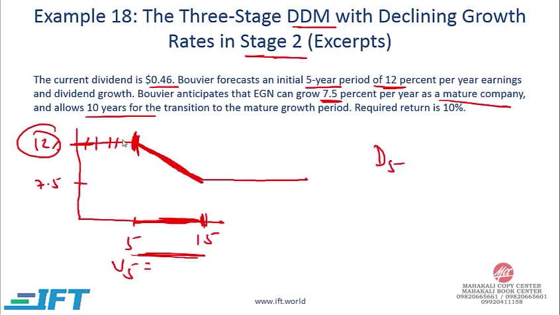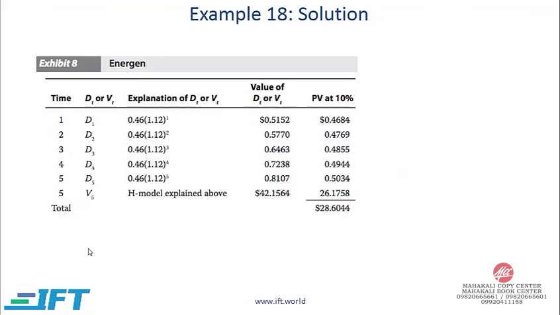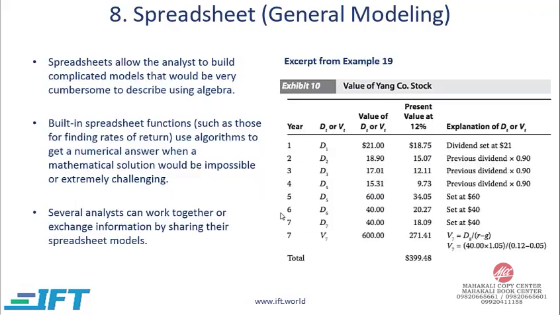The H is going to be half of 10, which is 5. The short-term growth rate is going to be 12%. The long-term growth rate is going to be 7.5%. So you will come up with the value of V5 and discount that back also. So here are the numbers. The answer that you should get is 28.6, roughly.